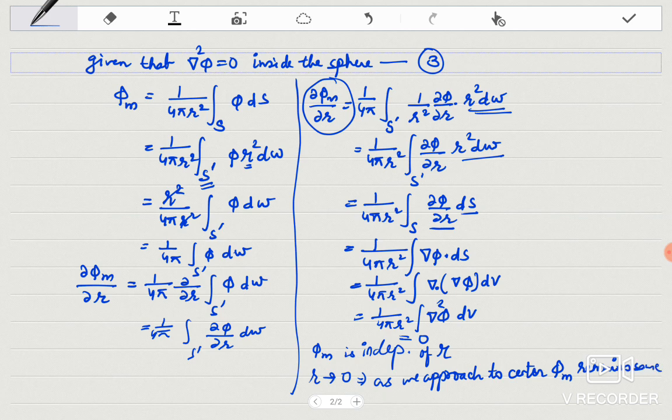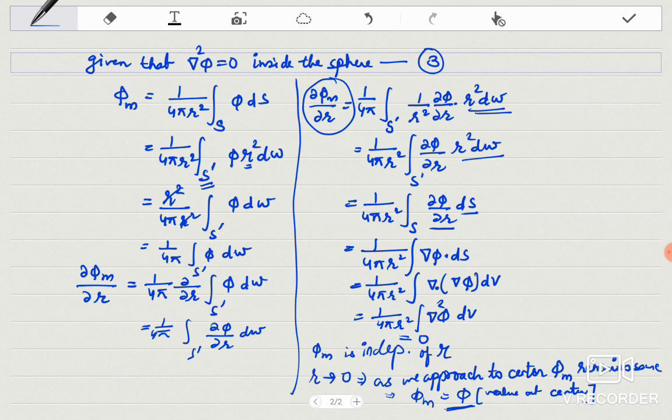So this implies φm is equal to φ, the value at the center. So this was whatever is said in the theorem, that the mean value of potential will be the same as its value at the center.